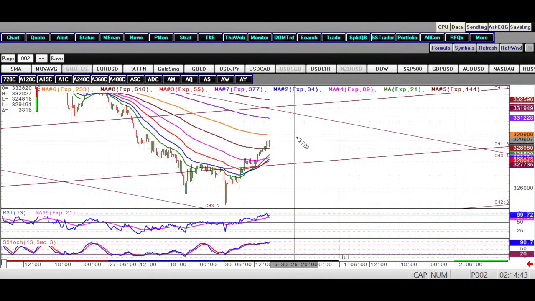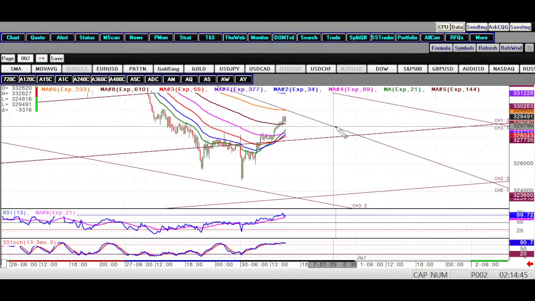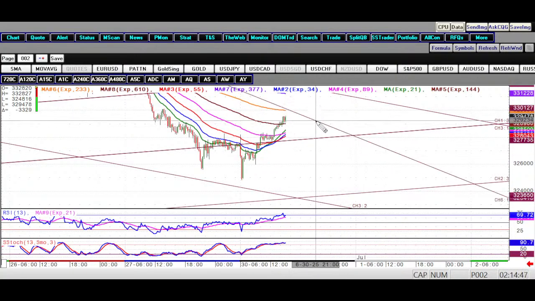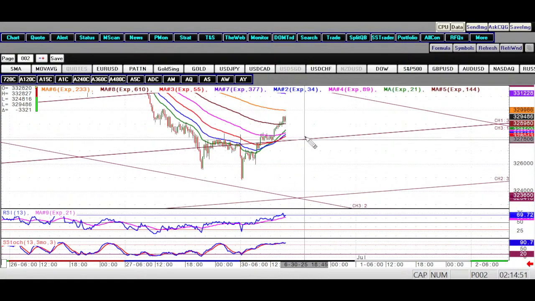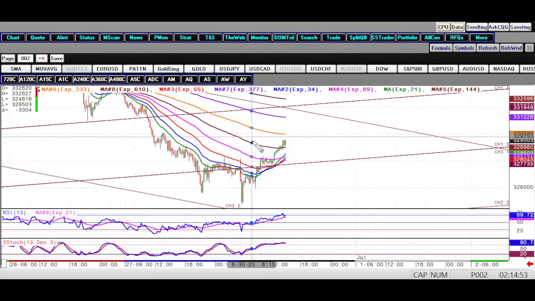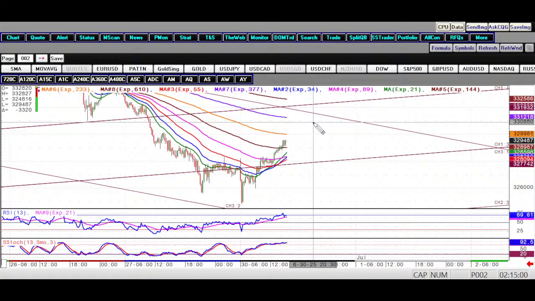Okay, so now looking at this, all I know is I'm expecting slightly higher, so the price I'm expecting is minimum 3310 and 3320. Okay, so these are the two things I'm expecting.